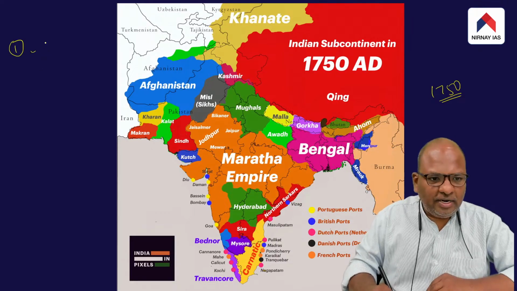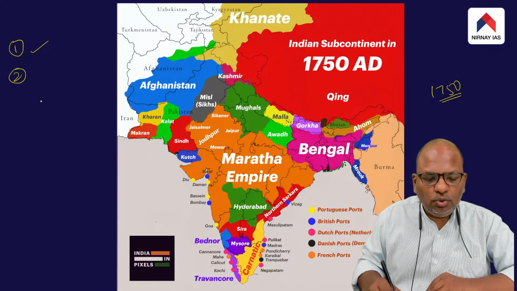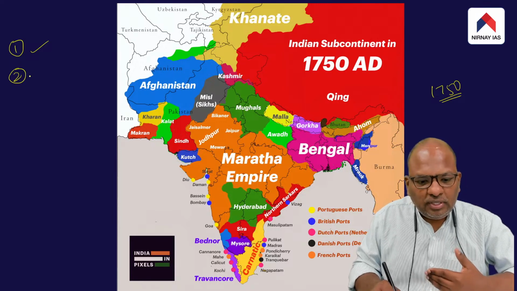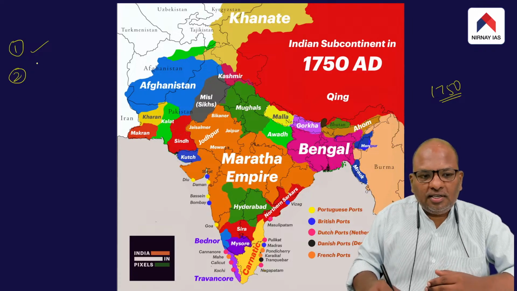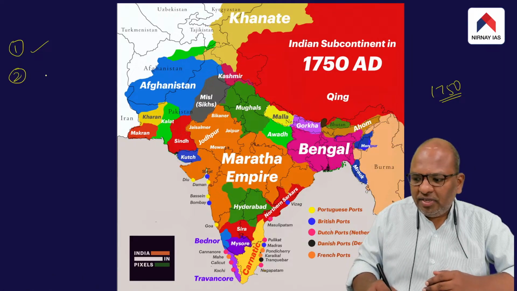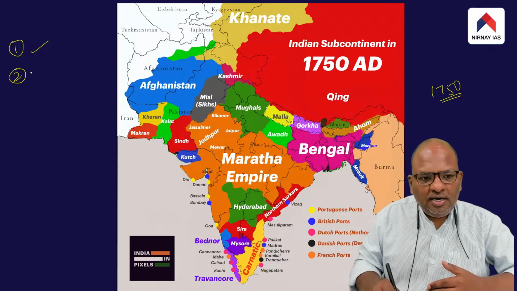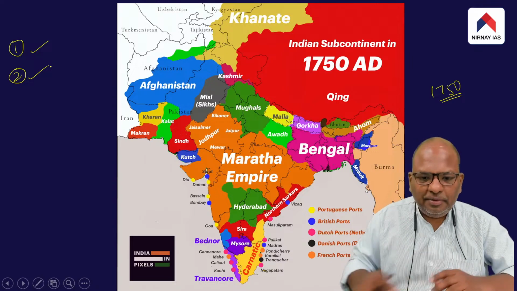Development number two is that the British, one of the many European companies to operate in India, successfully defeated its European rivals and emerged as a dominant, powerful trading company in India. These were the developments which we discussed in the previous class.